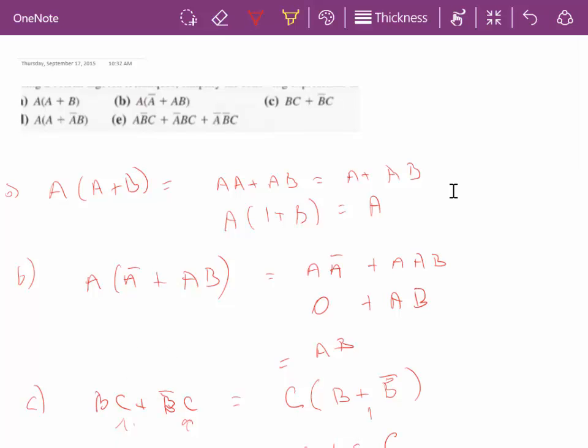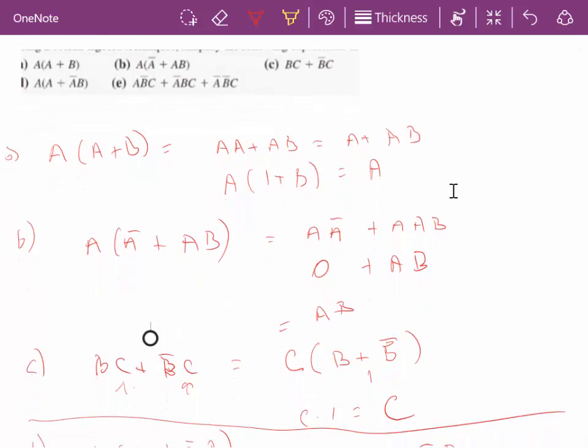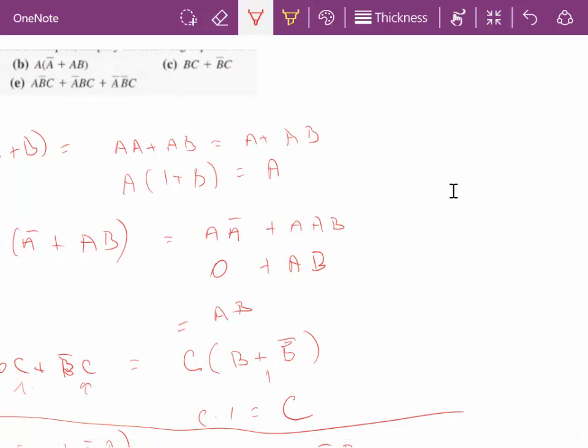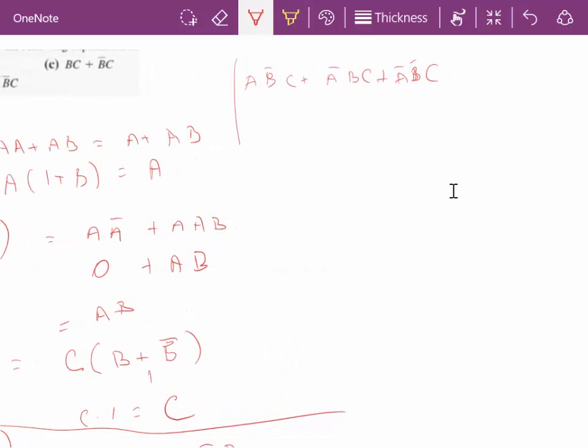E is the next one right there, and I'm going to move it over here and solve it over here. A B naught C plus A naught B C plus A naught B naught C. And I'm going to go through and start solving that. Now the easiest thing to do is start factoring things and see whether or not they fall out.